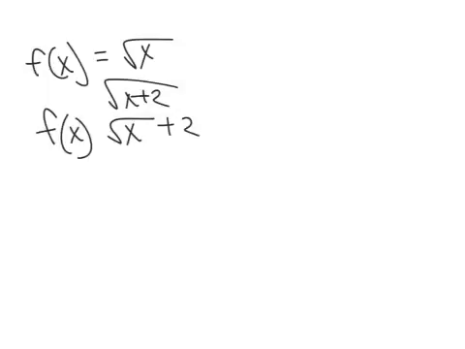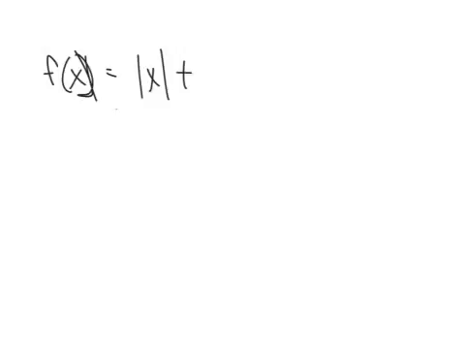Then we have what are called absolute value functions, and you've worked with absolute values before, and that is something like if f of x equals the absolute value of x plus 2, or if it just has an absolute value in it. I mean, it doesn't really matter what it is. If it's an absolute value, it's going to look like this.